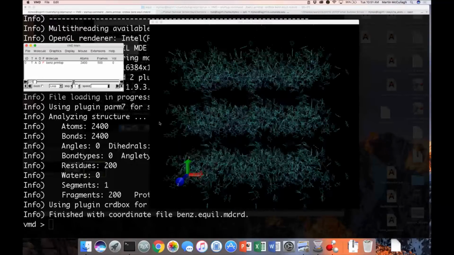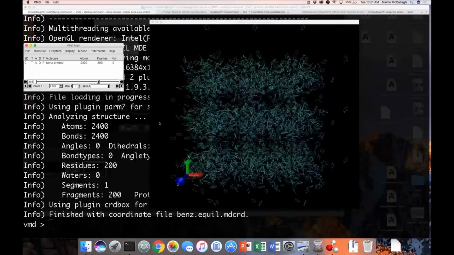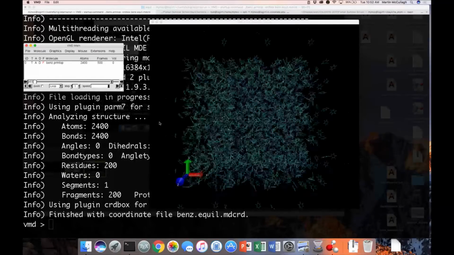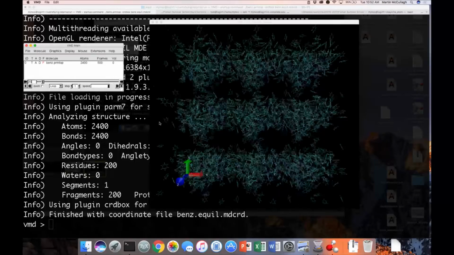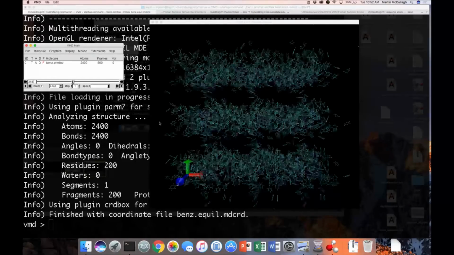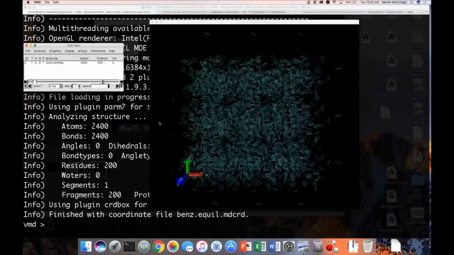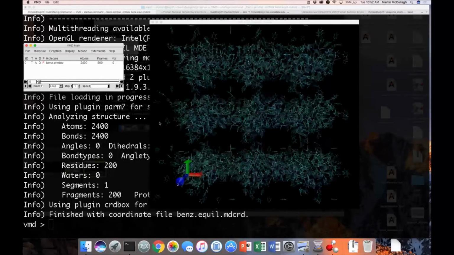But what actually happens here, and we'll look at it when we see the output file, is that as this is running, this is our center box, and this box is shrinking also to equilibrium with a specific pressure.